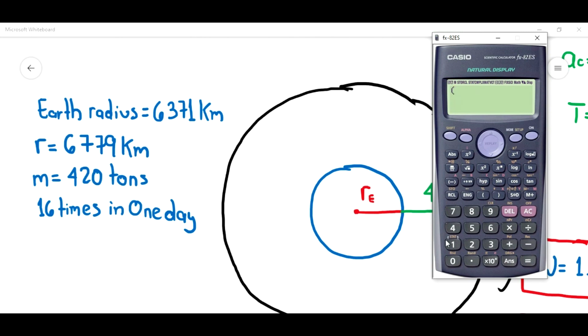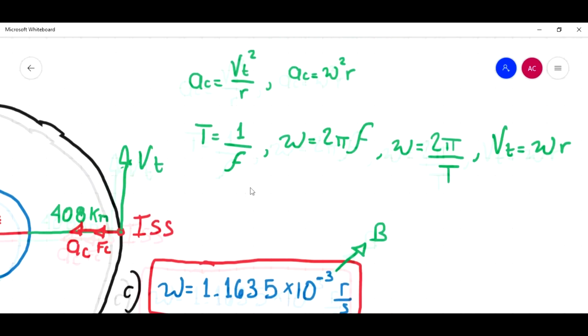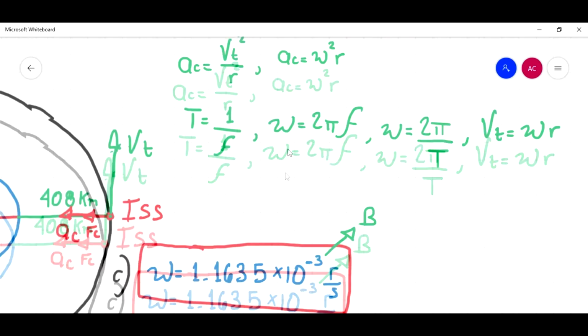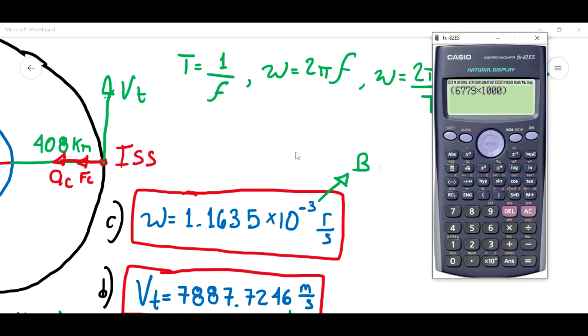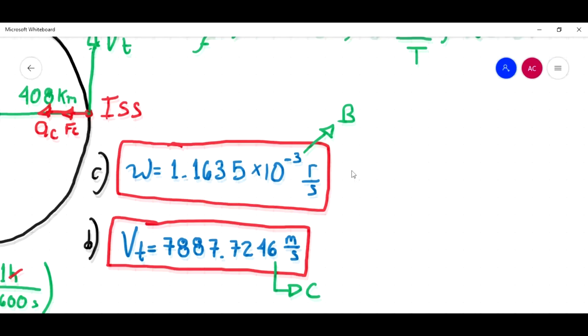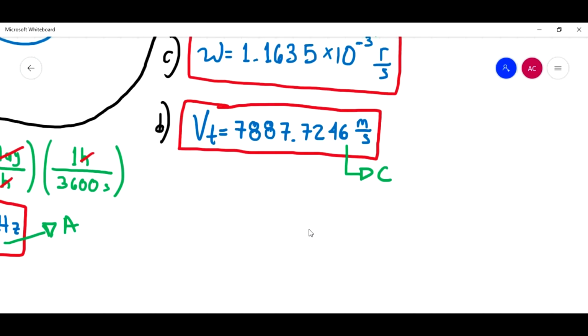So parentheses 6779 times 1000, because it must be in meters, times the value of the angular velocity raised to the square, and that is a number that I can save in the memory B. So alpha B raised to the square equals, okay, so that number is the centripetal acceleration, and I'm gonna write it over here.